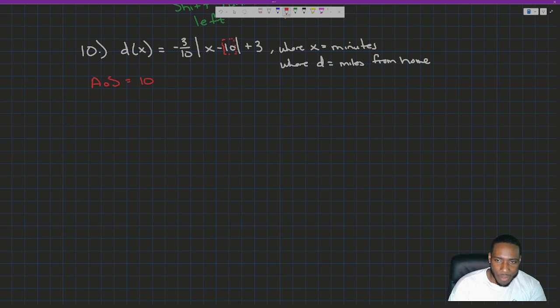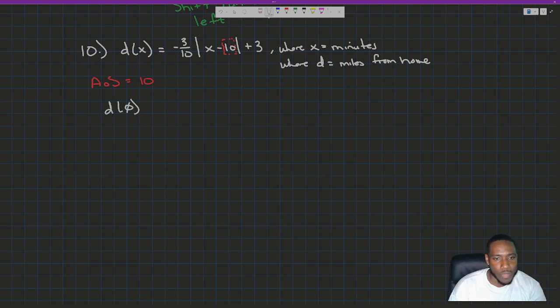If we're considering x in this situation represents the number of minutes that he's been traveling to and from the park, we expect the start of the domain, the start of the x values for this relationship, this function, to be 0, right? As soon as he's leaving his home, he's at 0 minutes traveled. Let's show why that works out algebraically.